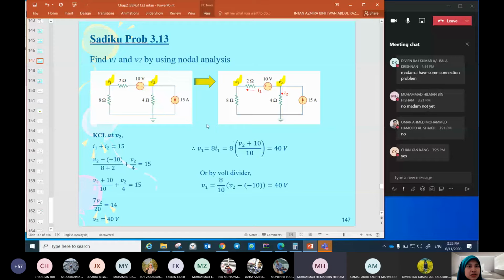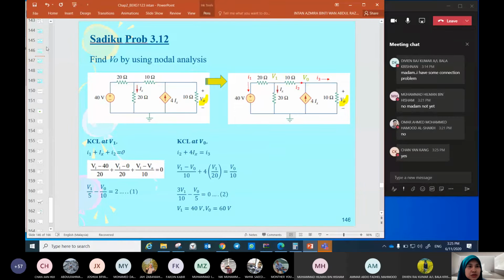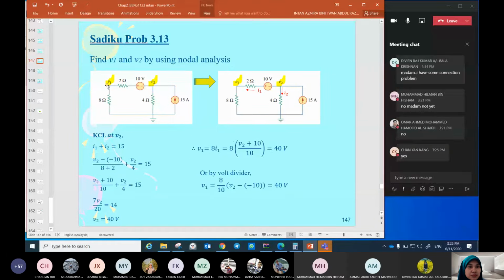The next question. Find V1 and V2 by using nodal analysis. This is the original question. It puts V1 here and V2 here. Actually, we can just write the equation for V2 only.